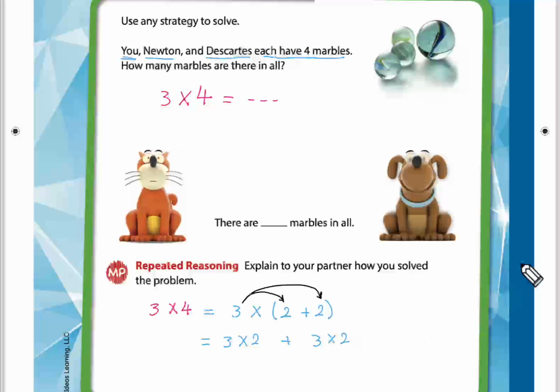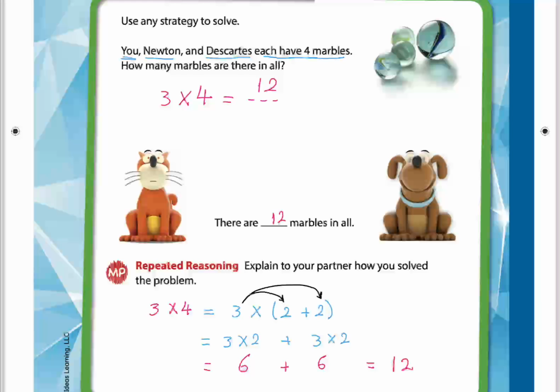And we know that 3 times 2 is 6, plus 3 times 2 is 6. So 6 plus 6 equals 12. So now we know that 3 times 4 equals 12. There are 12 marbles in all.